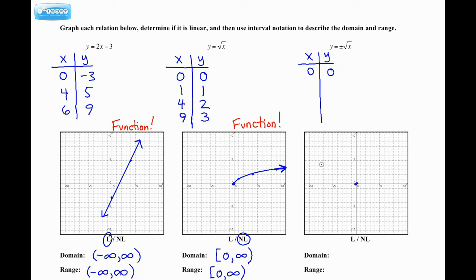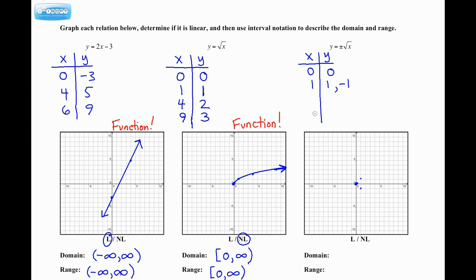But when x equals 1, we know the square root of 1 is 1, but we're allowing positive 1 or negative 1. Notice how for one x value, I'm getting two possible y values. Right now you should be thinking, uh-oh, something's funny going on. So x is 1, y could be 1 or negative 1. If you've been paying attention, you'd know already that this cannot be a function.